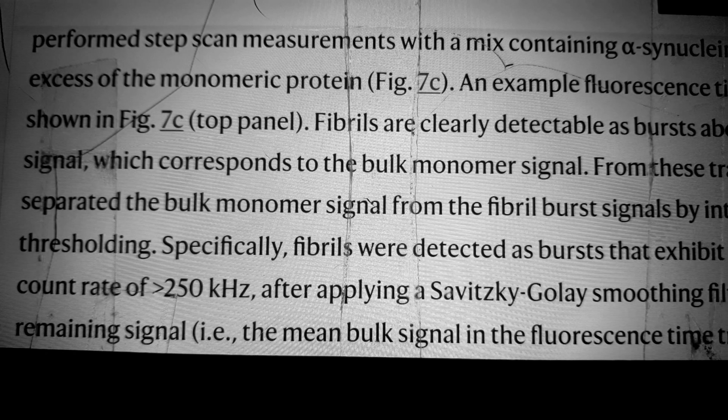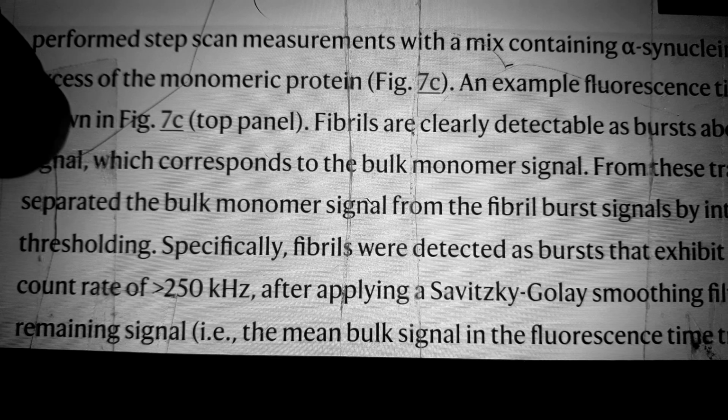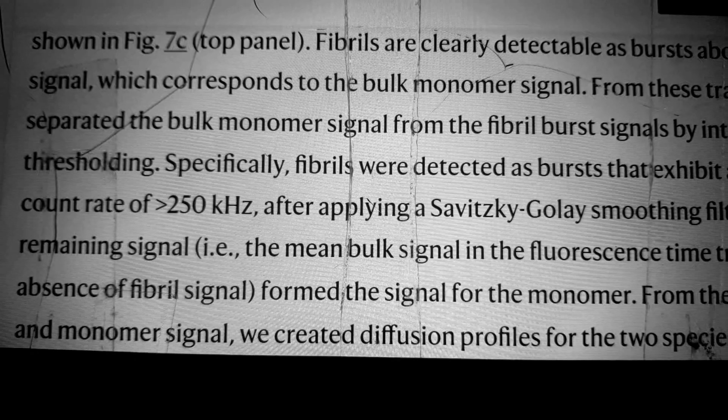An example fluorescence time trace is shown in Figure 7C. From these traces, the bulk monomer signal was separated from the fibril burst signals by intensity thresholding.